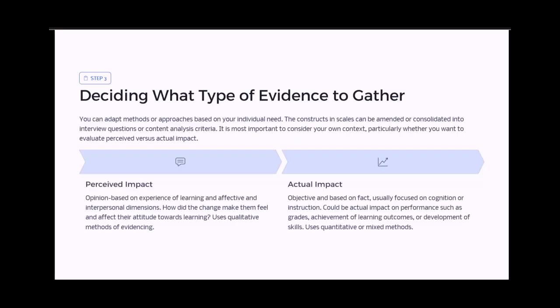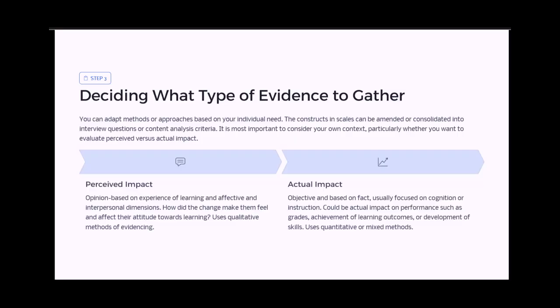How did it affect their attitude towards learning? So if we're looking at the perceived impact, we're probably looking at qualitative methods of evidencing, because it's very subjective. It's about how the technology or the teaching and learning approach made the student feel, or how did they enjoy the learning, or how they felt about the learning environment.